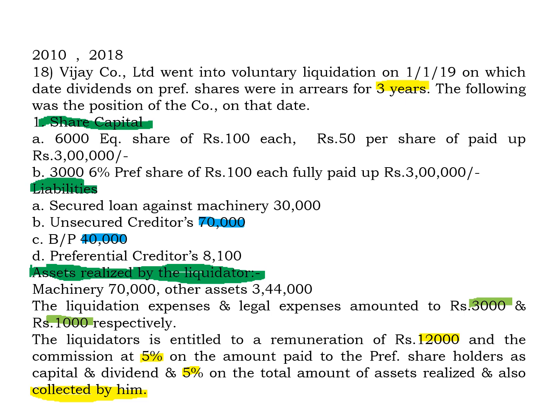Two assets are realized, machinery and other assets, and liquidation expenses are 4,000. Remuneration is fixed 12,000, 5% on the amount paid to preference shareholders, 5% on the amount realized, and 5% on the amount collected by the liquidator. Let's look for the solution.